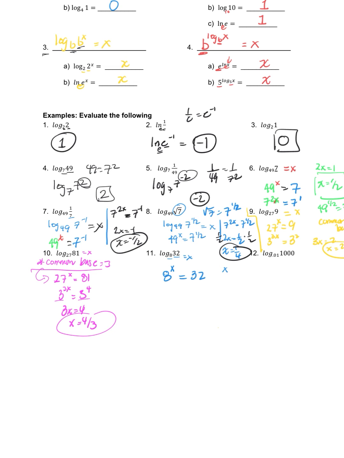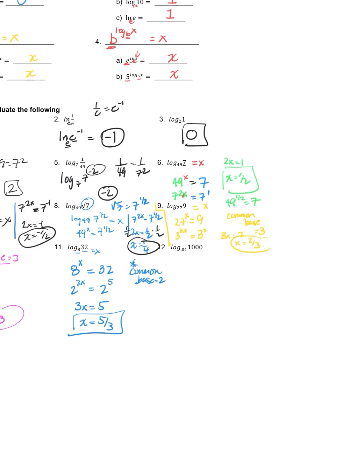Now the common base is 2. 8 is 2 cubed, and 32 is 2 to the 5th. 2 to the 4th is 16. So 3x equals 5, because I set the exponents equal to each other and dropped the bases. Solving for x, I get 5/3.